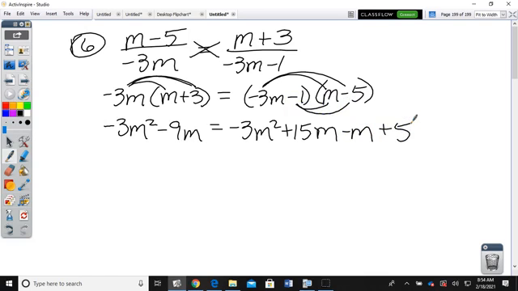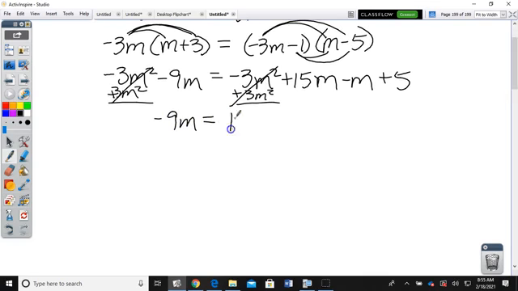Okay. What do you notice about the negative 3m squareds? They will cancel each other out, which is a good thing, because that means no more quadratic, right? Linears are good. So you've got 15m minus m, which is 14m plus 5, and then move my 14m over to get my m's on the same side.